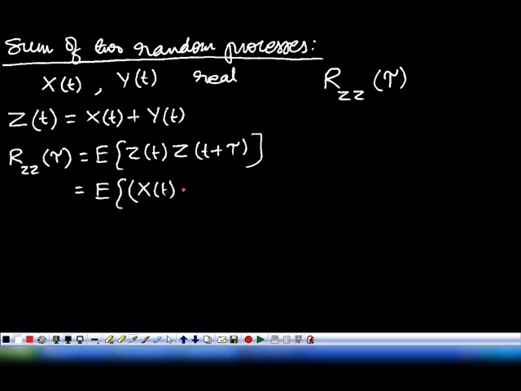So this is equivalent to the expectation of x of t plus y of t multiplied with x of t plus tau plus y of t plus tau.